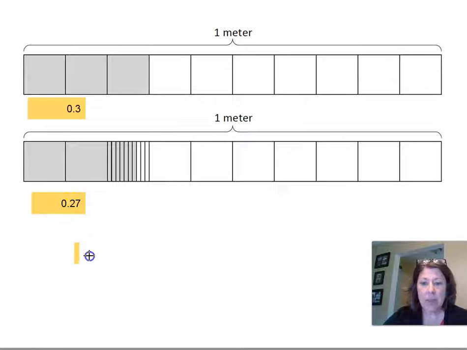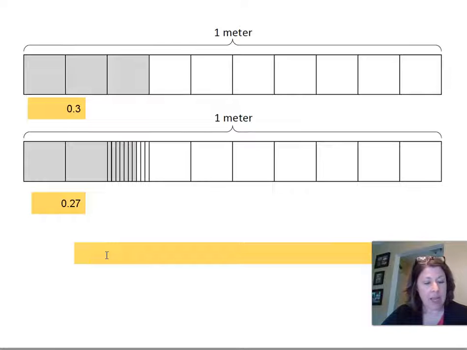But remember what I can do. I can make those 3/10 into 30 hundredths. And 30 hundredths is greater than 27 hundredths for sure.